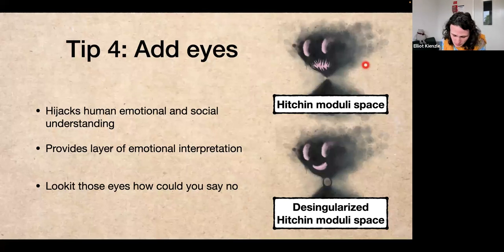So here's my Hitchin moduli space again in this algebraic variety picture with this singular point at the center. And you see that she's scary. She has big teeth. Not something you really want to work with. But in the field, there's something called the desingularized version of this space. And there we basically cut out all of those bad points, the points we don't like, and we get something that's much, much easier to work with.